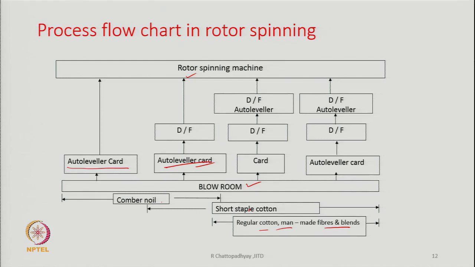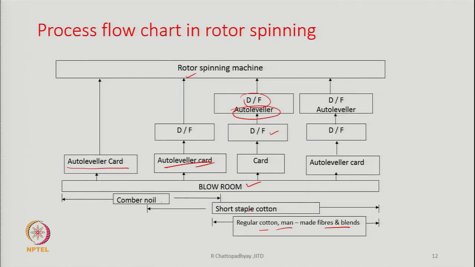The other one is, we take a normal card, we may not take an auto leveler card, we pass it through a draw frame, and now we have a second passage draw frame with auto leveler available. So, we are basically giving 2 draw frame passages with auto levelers in the draw frame itself. We will get a quite uniform sliver, and this can go for spinning on the rotor spinning machine.